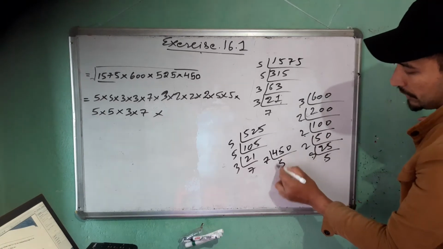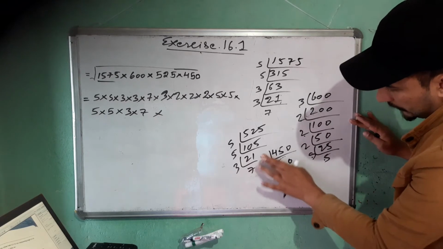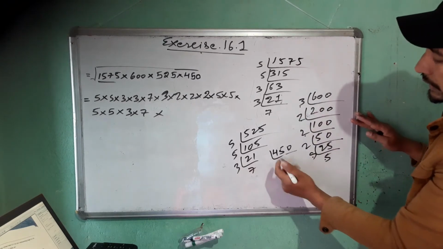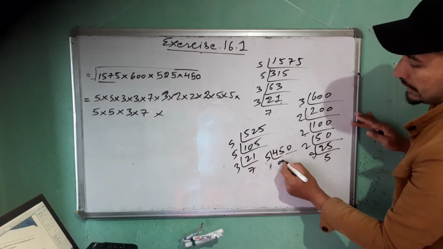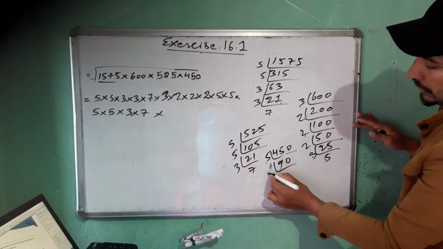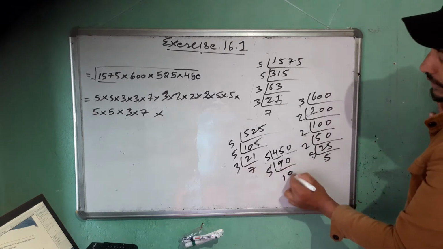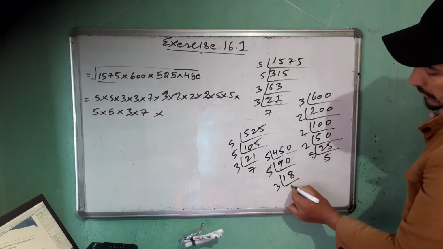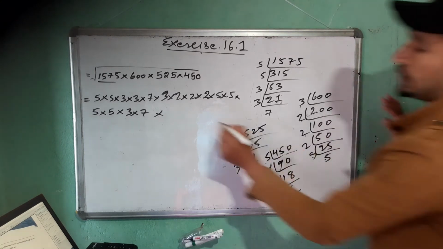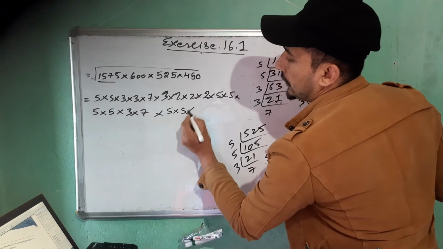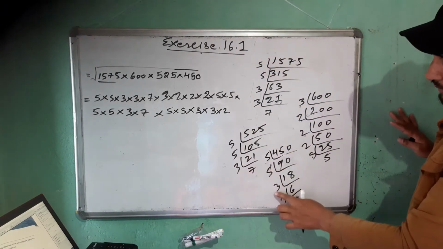You cannot factorize with 7. Let's factorize with 3, otherwise 5. 5 9s are 45, 0s are 0. 5 8s are 40, 3 6s are 18, 3 2s are 6. So 5 into 5 into 3 into 3 into 2.